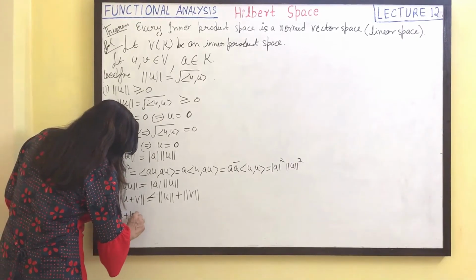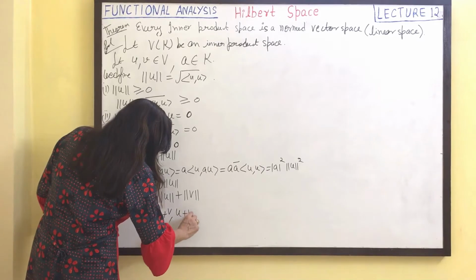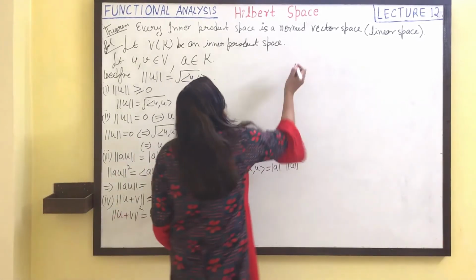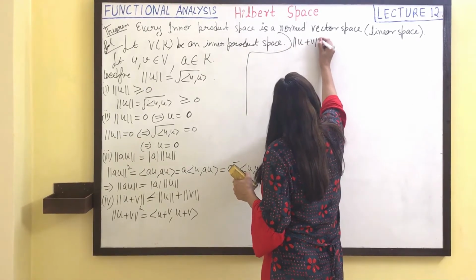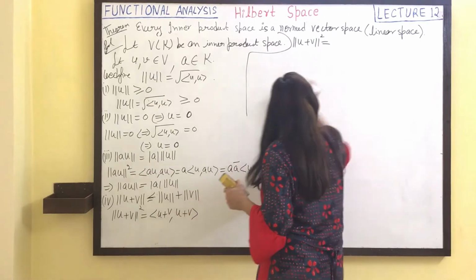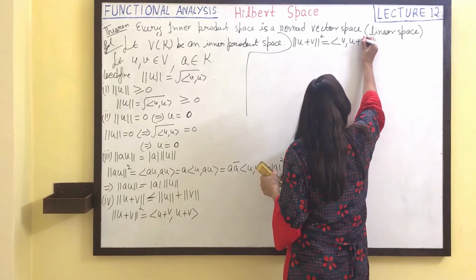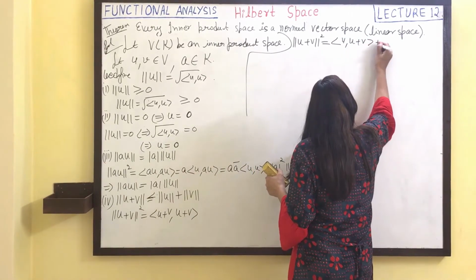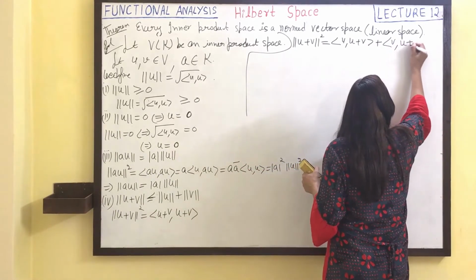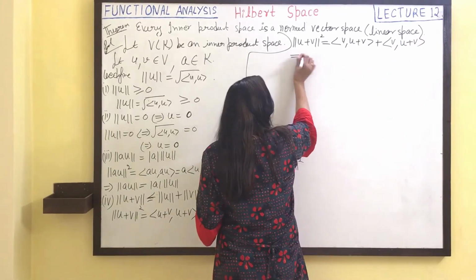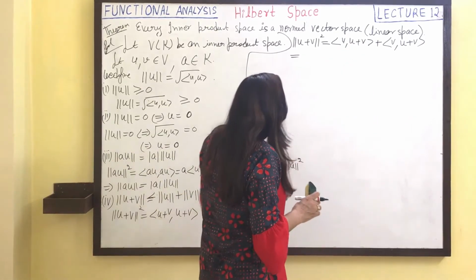Norm u plus v squared can be written as u plus v comma u plus v, which is again u comma u plus v plus v comma u plus v. Distributive property is again applicable.